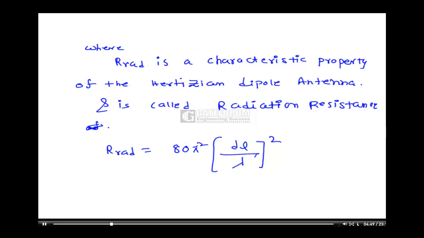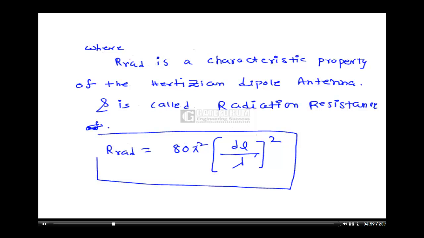Even though this is a formula for a Hertzian dipole, it is valid for an antenna of any length. So this formula is very, very important. You have to keep in mind this formula. The radiation resistance is equal to 80 pi square dl by lambda whole square.